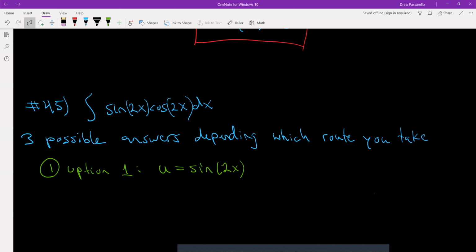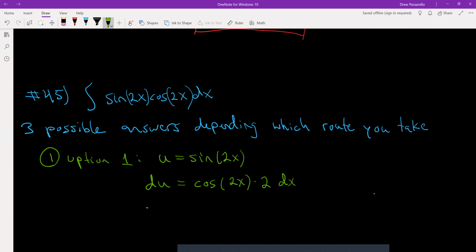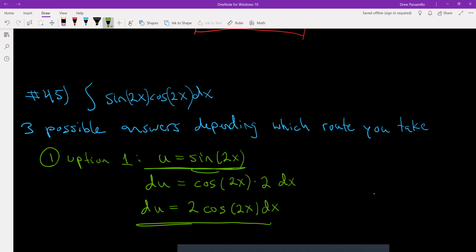Then the derivative of sine is cosine, but I'll use chain rule. So du is equal to, so derivative of sine is cosine, so that's cosine of 2x, but then you have to take the derivative of 2x, which is 2. So it'll be times 2, and then dx, so then it's 2 cosine 2x dx. All right, so I have this to be u, and that is du. So this is using chain rule.